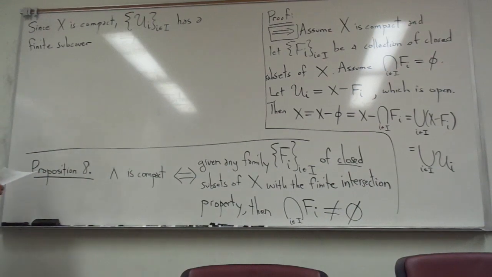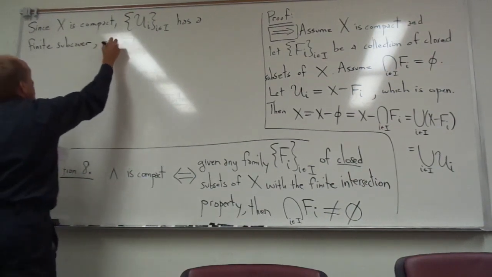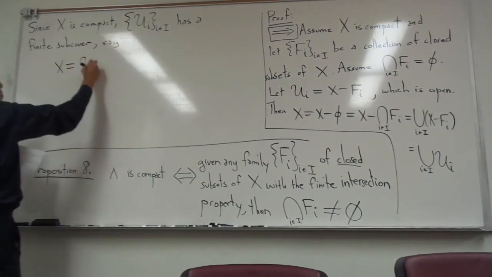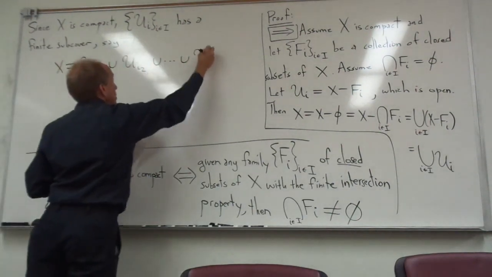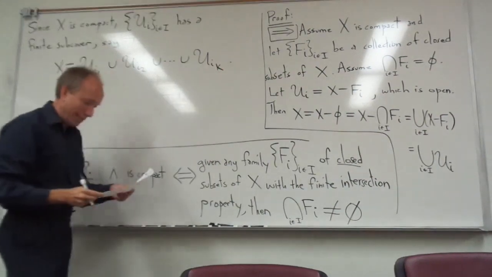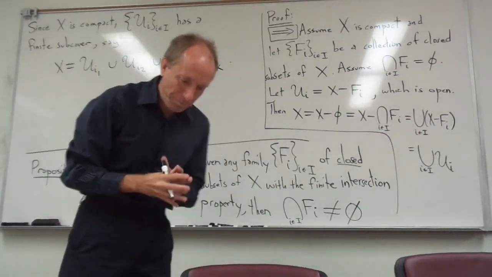Let's just say that X can be written as U sub I1 union U sub I2 up to U sub IK.